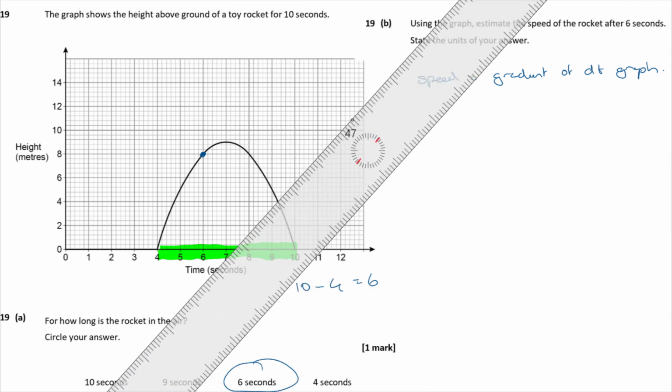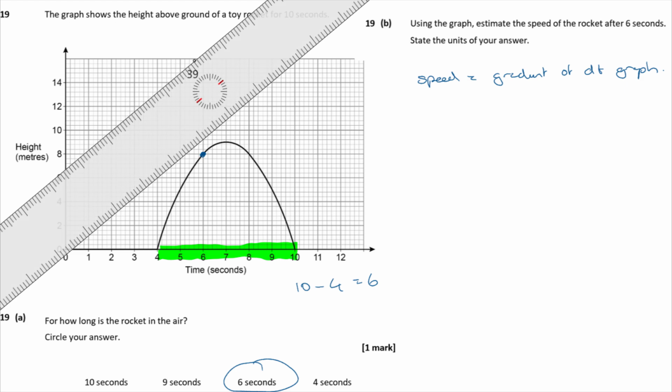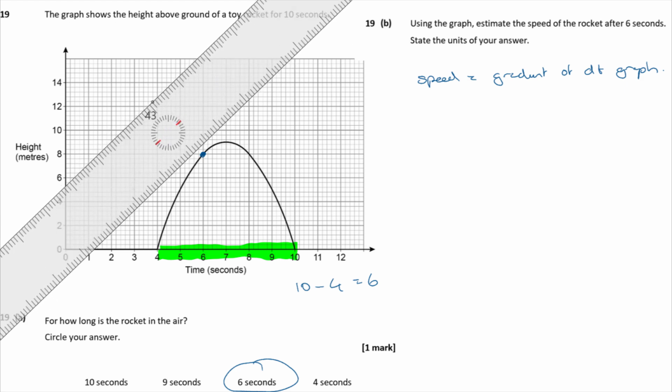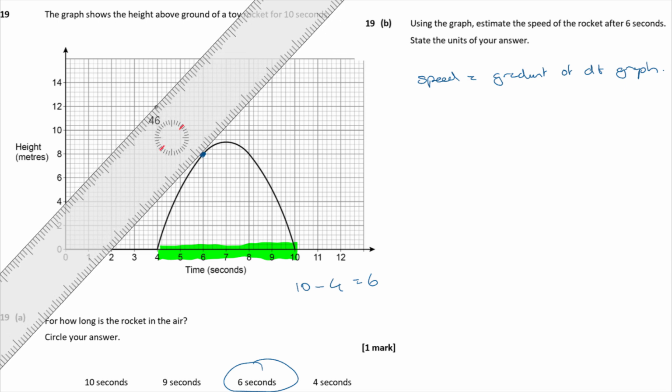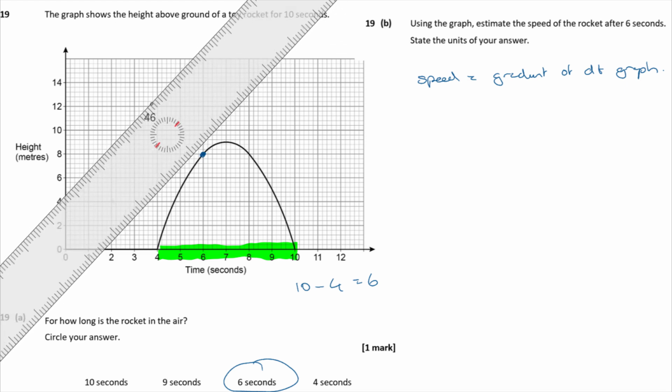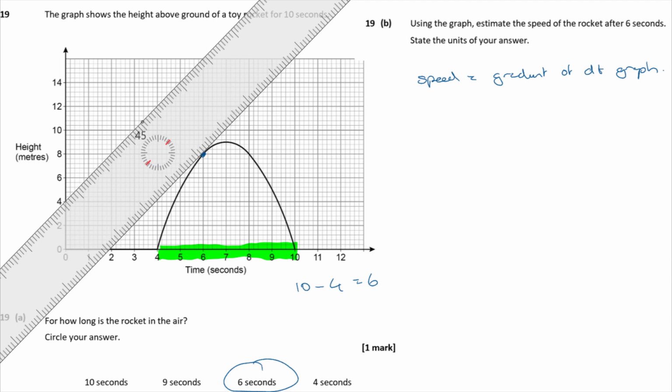So what we need to do first is draw a tangent to our curve. If you take a ruler and nudge it up against the curve so it just touches the curve at the point you're interested in, which I already marked on the diagram, that is what we call a tangent to the curve.